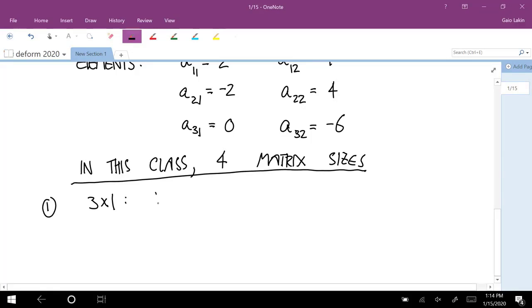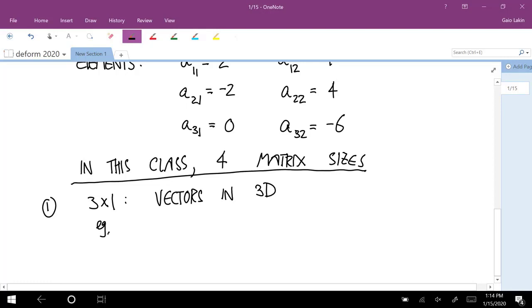Okay. And we'll use this to represent directions, like unit vectors. We'll use them for forces. We'll use them for moments.